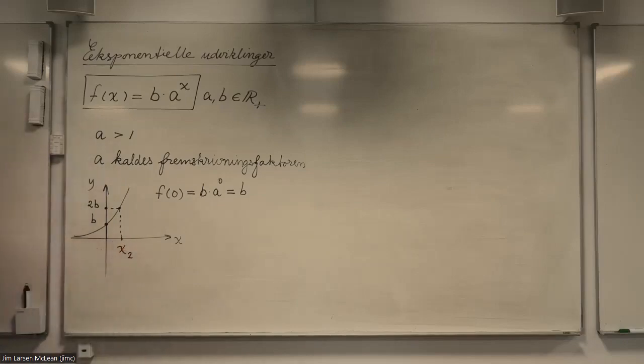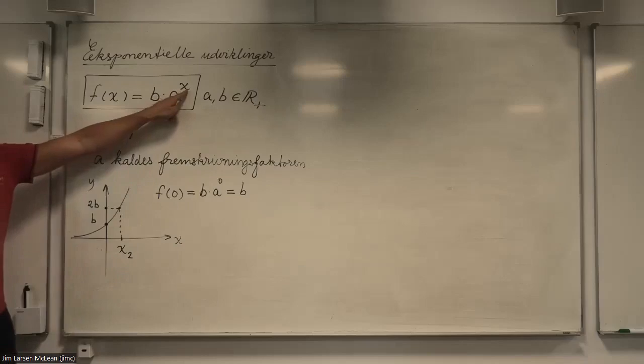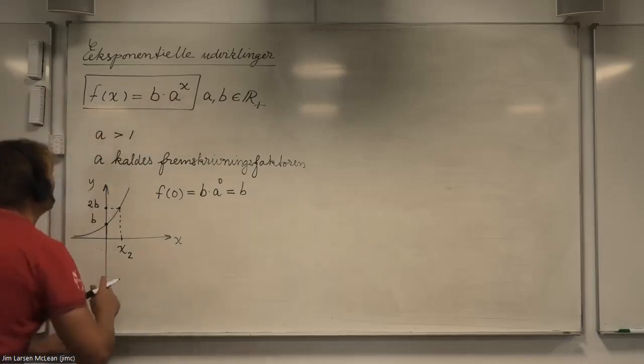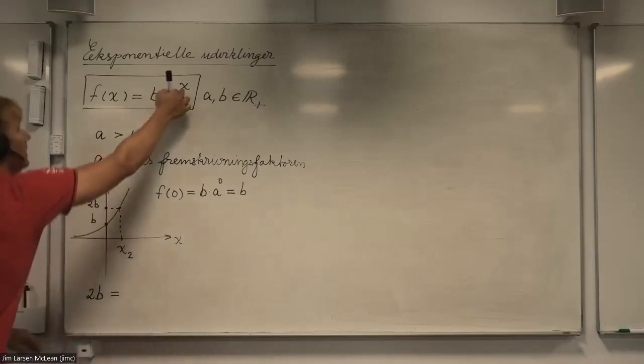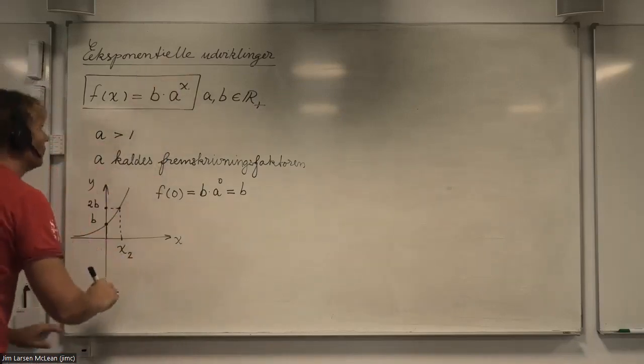We can find a formula for it. We know that 2b is what comes out of the function machine if x2 is inserted in place of x.